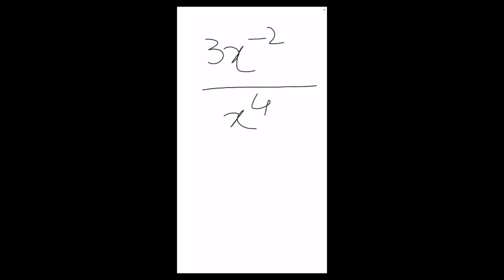Okay, so write it down. The two basic things which you have to keep in your mind: the first is variable, and the second is the negative or the positive exponent. Okay, is it done now?